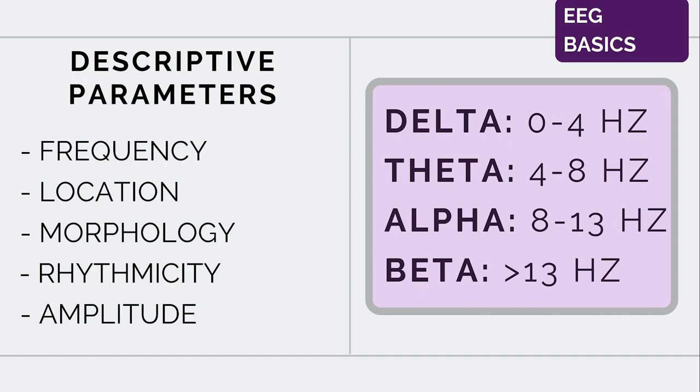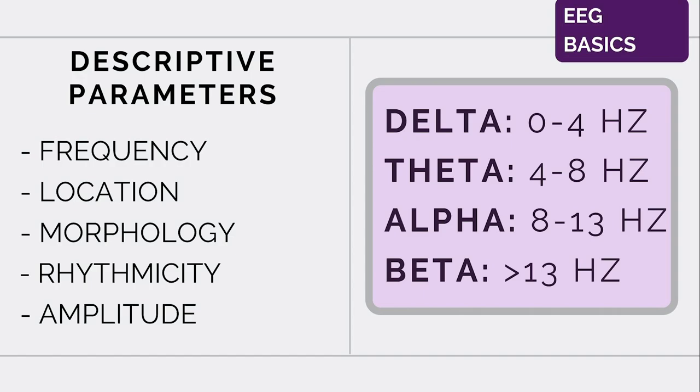Frequency is essentially counting how many cycles an activity has in a second. And as you guys know, that translates into the unit hertz. So what 4 hertz means is that there are 4 cycles within 1 second.